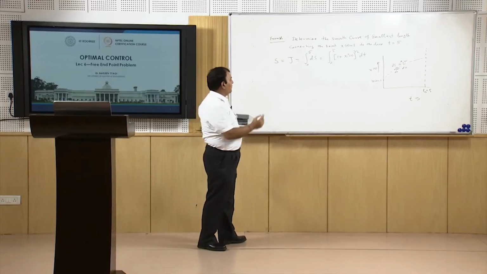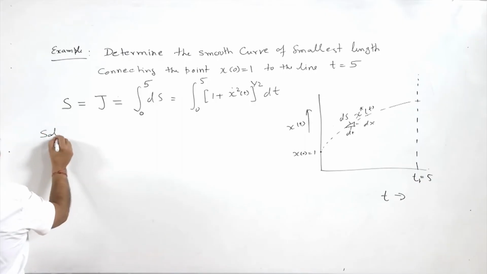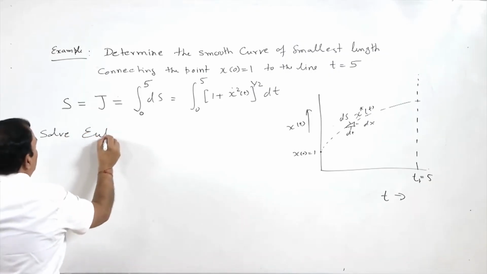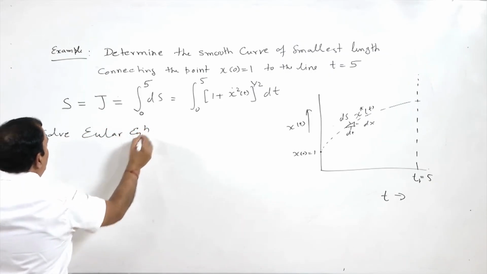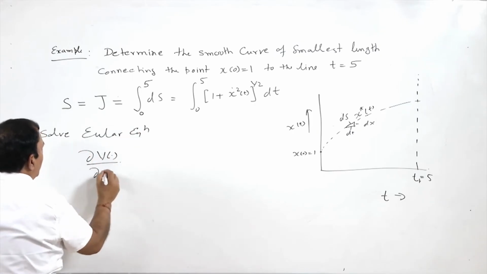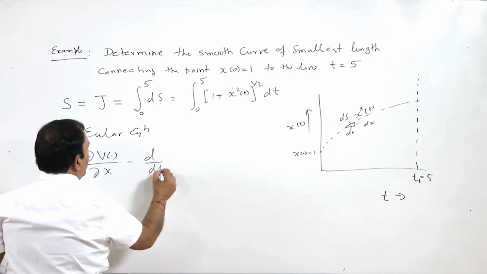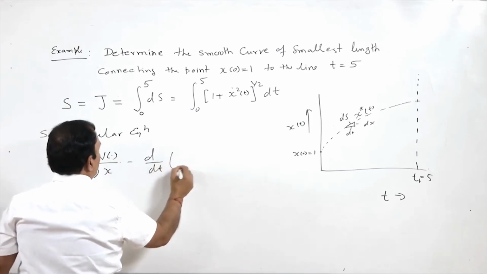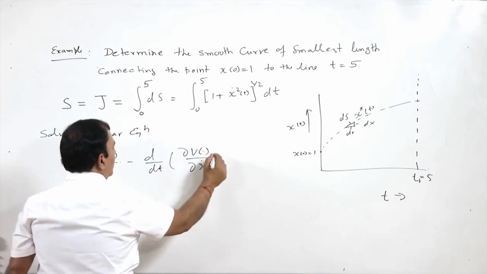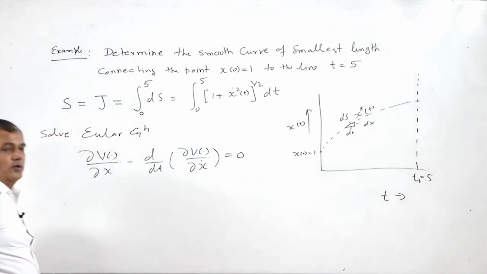In such a case, my first step is to solve the Euler equation, which is del V by del x minus d by dt of del V by del x dot, that must be equal to 0.